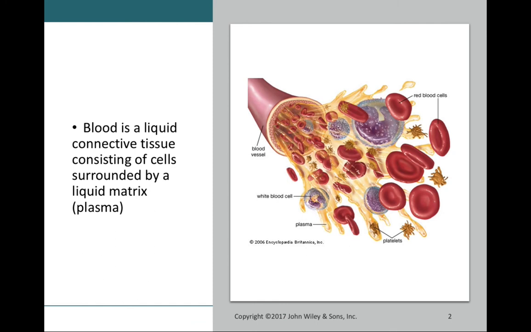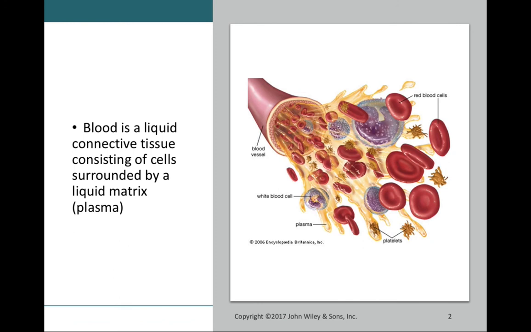However, with blood, what makes this a liquid type of connective tissue is the fact that the fibers are actually soluble. They're dissolved in the extracellular matrix, which is known as plasma. Now we'll see a bit later on the actual function of these soluble fibers, and we're going to talk extensively about blood plasma, as it serves many functions to the body overall.